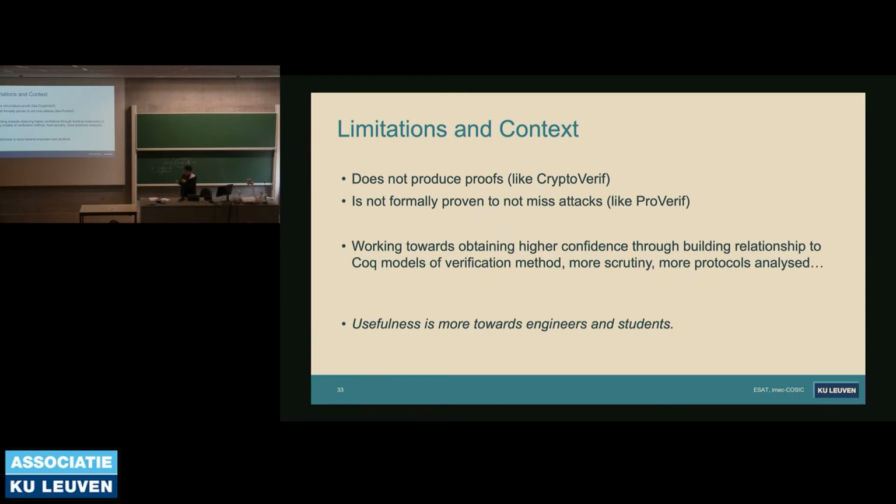So it's more towards people who want to start verification, and this does not mean that the results are kind of useless, because this was applied in the real world with companies like Zoom and Google, and these people were able to find attacks in their protocols using a short amount of time, like in a day or two.